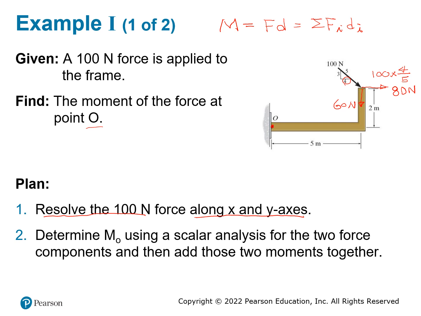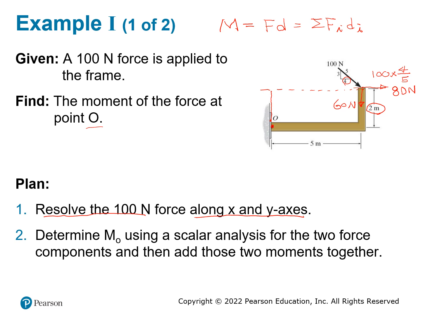and each one of them is going to create a moment. Then you have to think about, if I apply 80 Newton here, what is my perpendicular distance from this point O? We said you can extend the line of action. So this is the line of action, and this is going to be the perpendicular distance, and that distance is going to be just 2 meters.